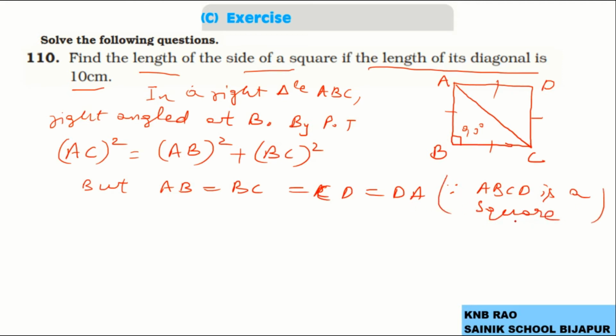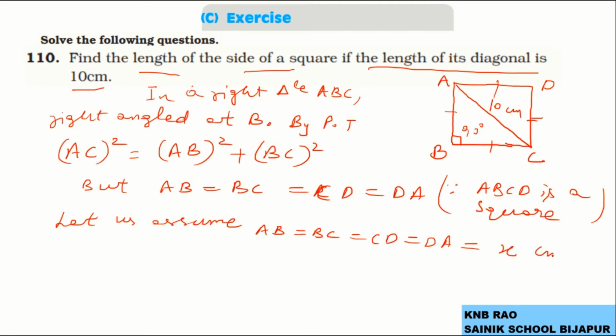So the moment we have got this, now we know the length of the diagonal. The length of the diagonal is 10 centimeter, and we don't know what AB is. Now let us assume that AB equals BC equals CD equals DA as x centimeter.